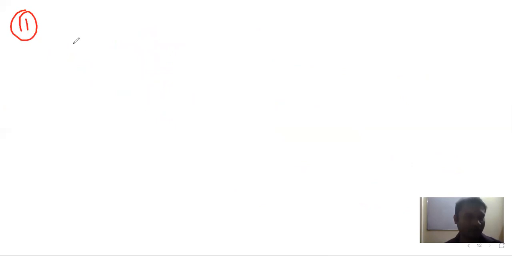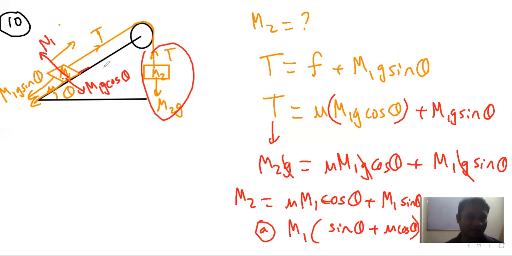Then moving on to the next question, which is question number 11. We have to find the value of M2 so that M1 slides downwards. So we can do the same analysis as in the previous case. In this case, friction will act in the upward direction. So let us see the diagram. So this is our diagram.